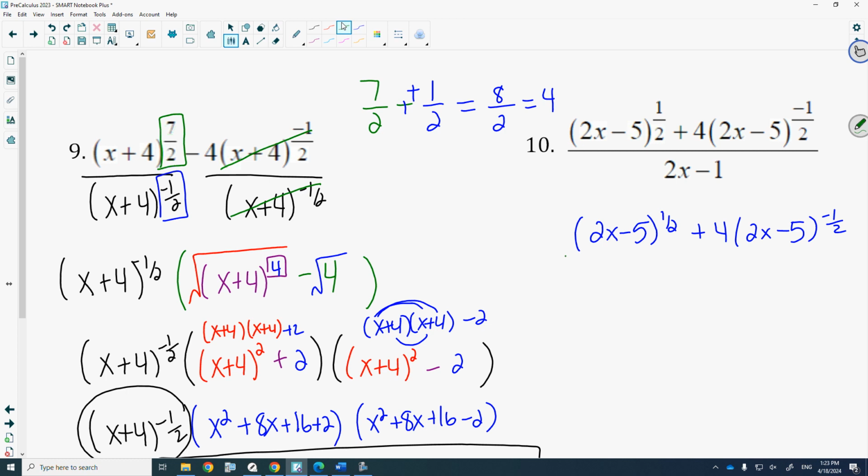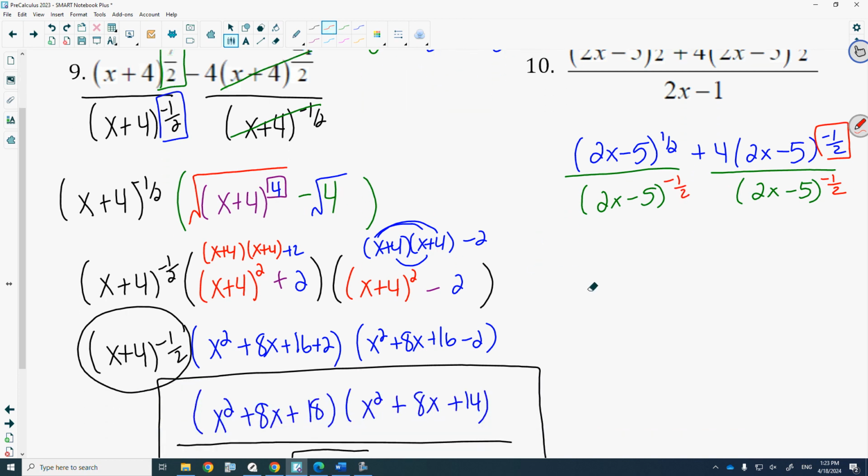So what I could factor by a GCF from here would be 2x minus 5 is what's common to both terms, and factor out the smallest exponent, which would be negative 1/2. So my numerator, the GCF, was that 2x minus 5 to the power of negative 1/2.